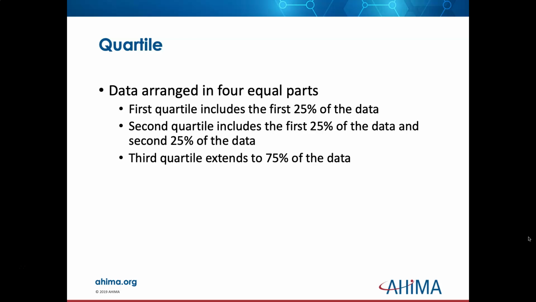Quartile. This is data that's arranged in 4 equal parts. The first quartile includes the first 25% of the data. The second quartile includes the first 25% of the data and the second 25% of the data. The third quartile extends to 75% of the data, and then obviously the whole item would be 4 quartiles, which would be 100% of the data.